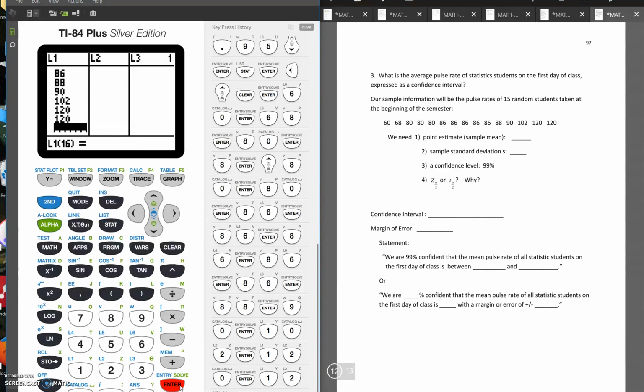Okay, so first we need the point estimate, the standard deviation, the confidence level. This is going to be a T because we don't know the standard deviation of all students.